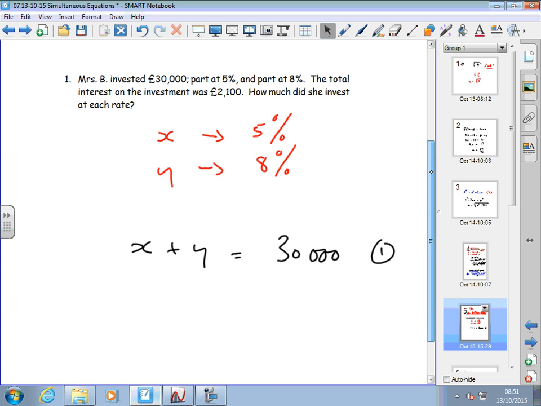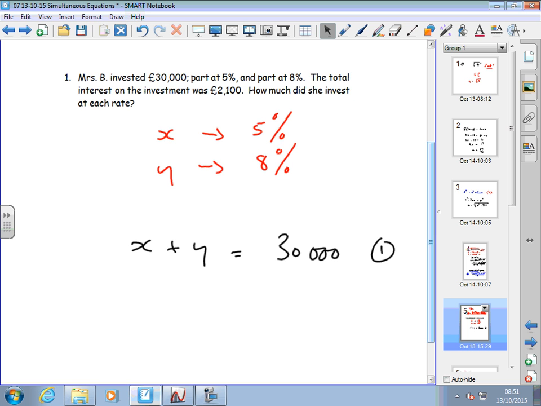So let's look back at the problem again. What's another equation? Now we need to have in our minds the meaning of percentage. So what's another equation I could set up that does equal 2,100? I'll just pause this while you think about it.